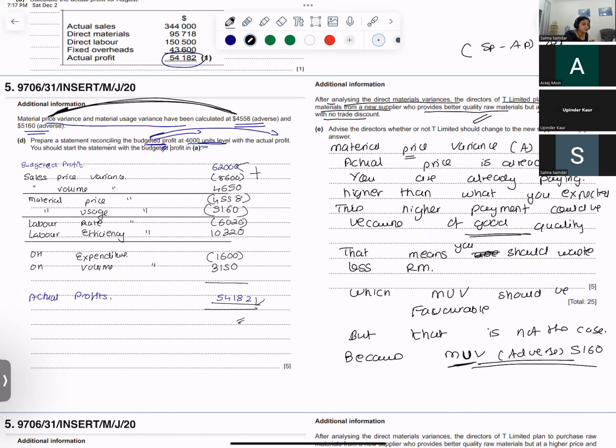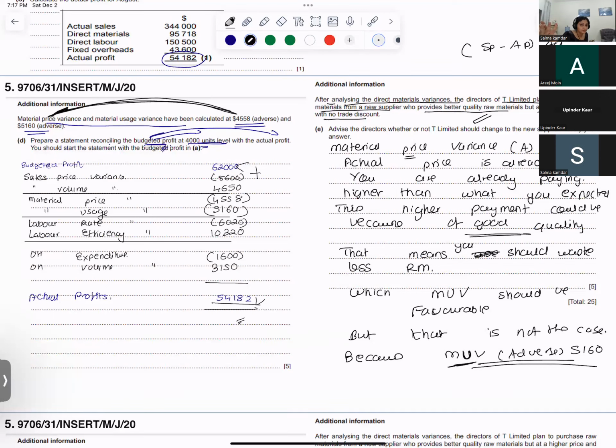If you're paying higher price, you would expect less materials to get wasted. So they are asking whether you should shift to the new supplier or not. You have made your background where you've given your justification that if the price is higher, usage should be less, but your usage is not less.